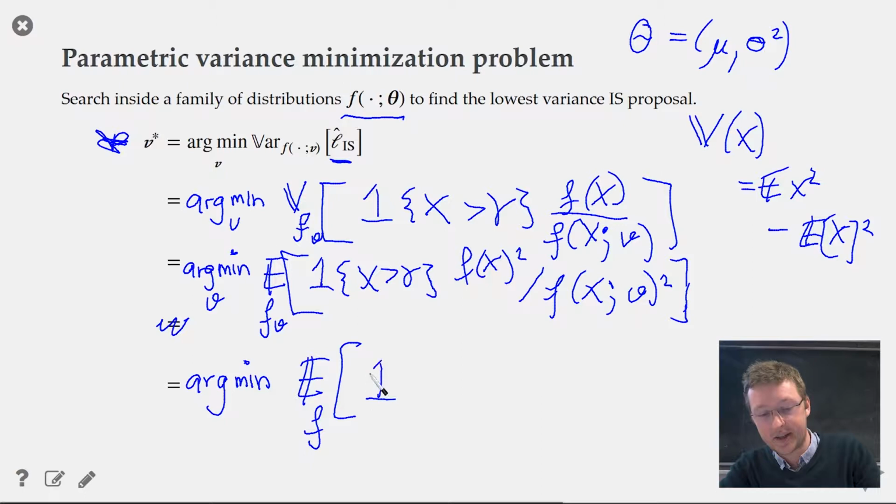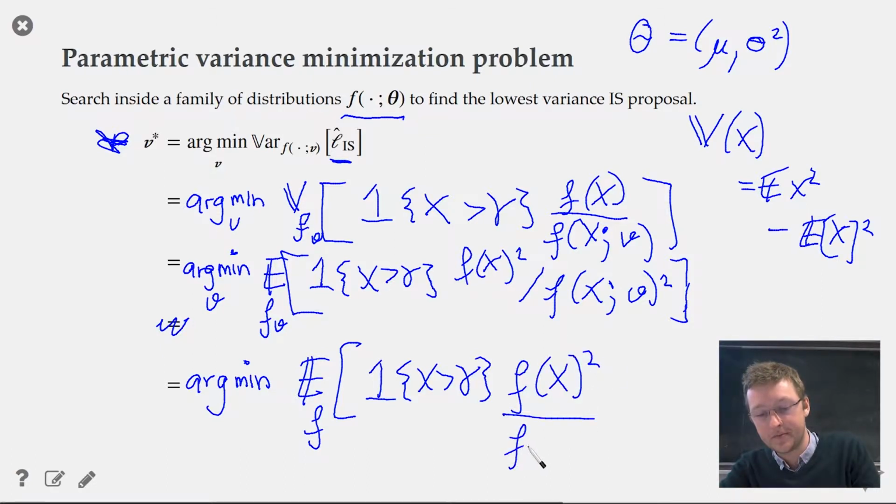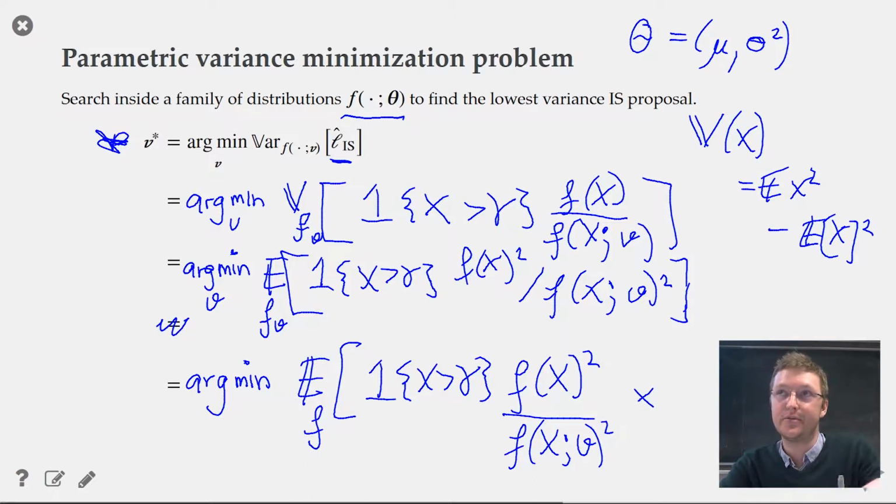So in that case, indicator x is greater than gamma, f of x squared on f of x at v squared, and then multiplied by the likelihood ratio to go from f at v to the original f.